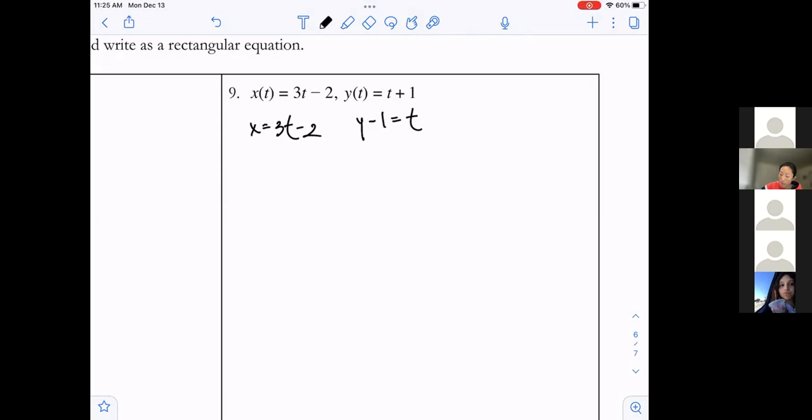So there's actually one method that we haven't quite talked about. I agree, we could multiply this by 3. But why would this not work as well as it did in the previous case? If I multiply by 3, I get 3y minus 3 equals 3t.